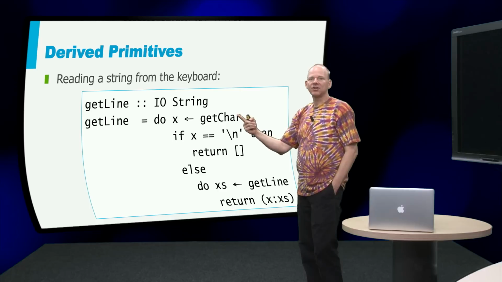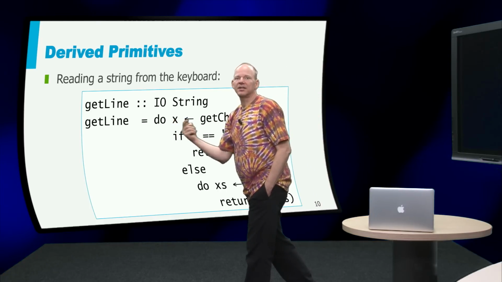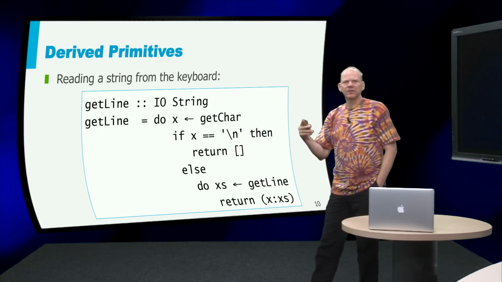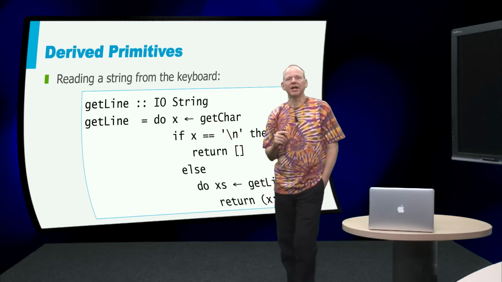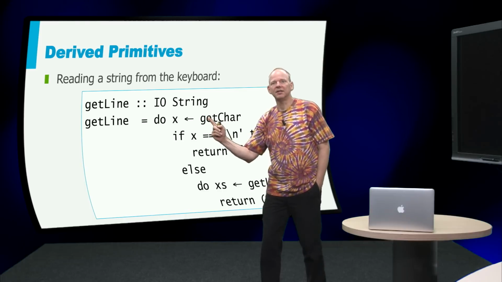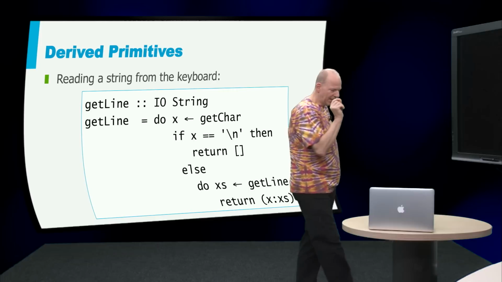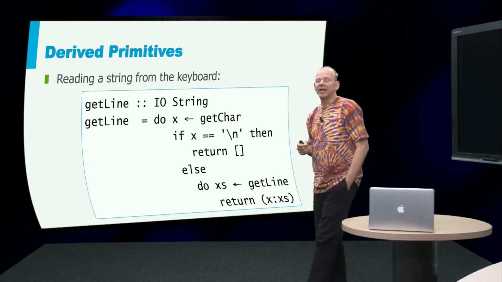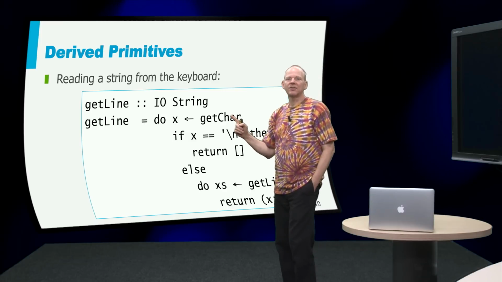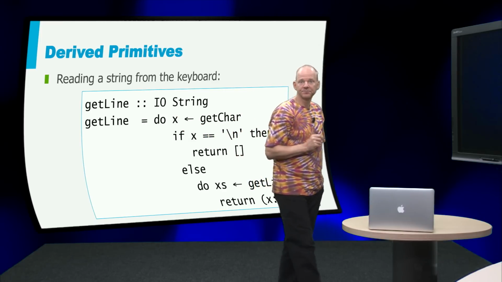Notice that getChar has type IO of char, and then x here has type char. So the arrow is very similar to the arrow in generators in list comprehension. There's an IO of t on the right, and a t on the left of the arrow. That's why we use the arrow symbol and not, say, the equal symbol, because the type on this side is different than the type on that side.